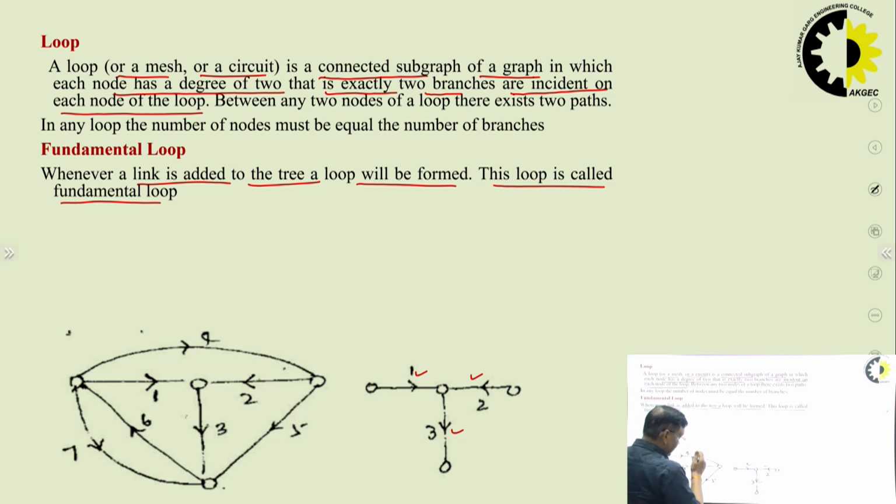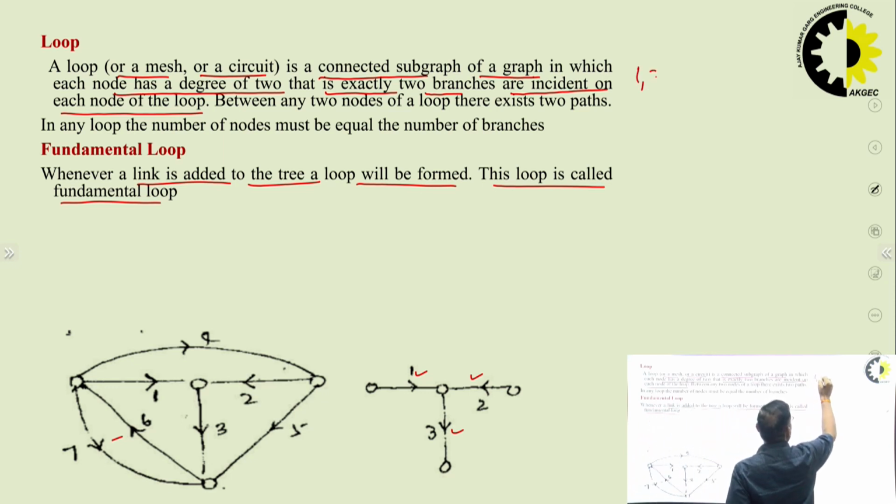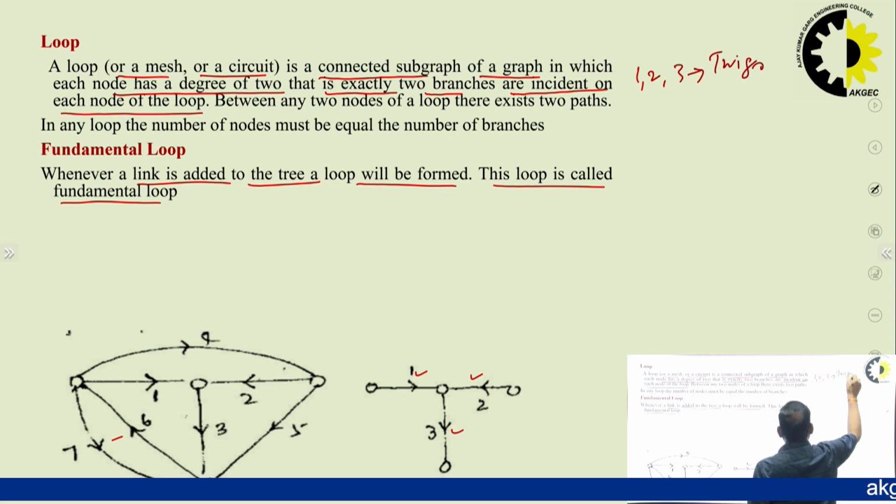If we add one link, so what is a link? These are 1, 2, 3, and they are called twigs. Then what are the links? 4, 5, 6, 7. They are called the links.